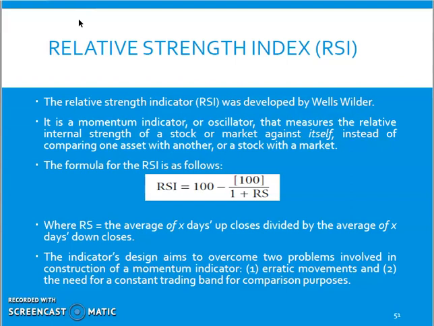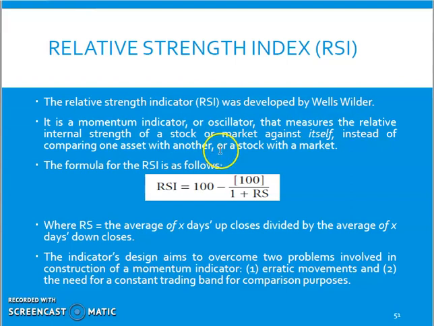Instead of comparing one asset with another, or a stock with a market, RSI is categorized as a leading indicator, which means it will lead the price movement. The formula for the RSI is as follows.